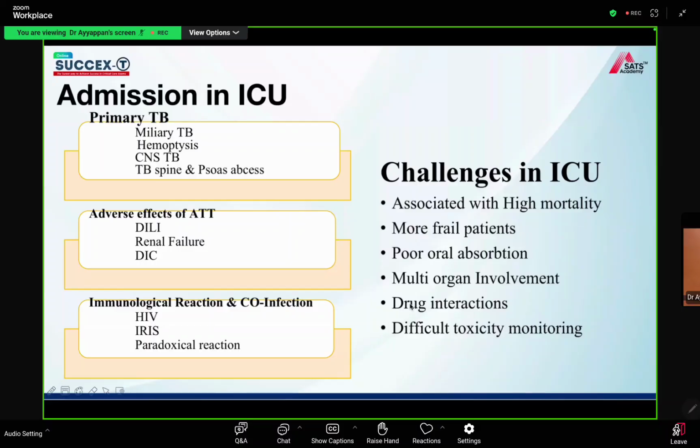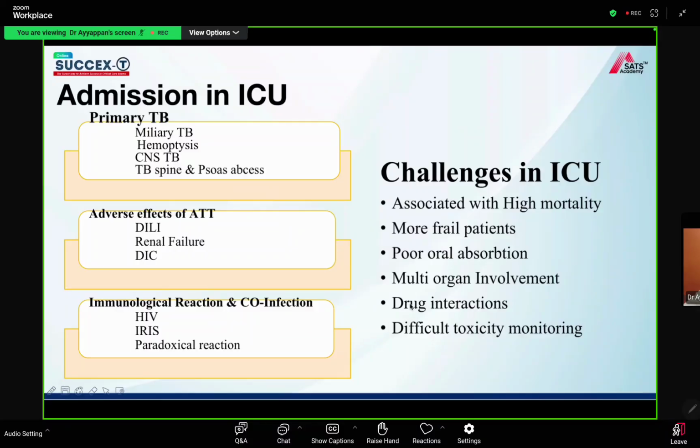The problem with TB in ICU is that as long as it's a community disease, the outcomes are fairly good and you have a good clinical cure. But when it comes to ICU, the mortality is quite high, in the range of around 30 to 60%. Why is it so high? The majority of these patients with TB who come to the ICU are frail, malnourished or elderly, with multiple organ involvement, and they will have poor oral absorption and be in a debilitated state, resulting in poor oral administration of the drugs, and hence poor drug delivery.